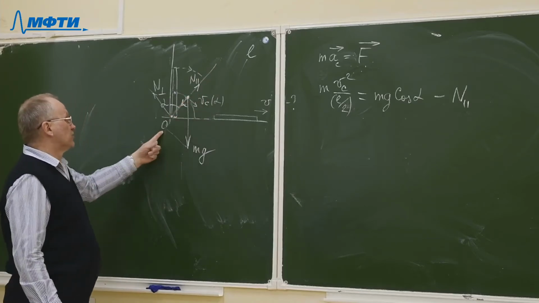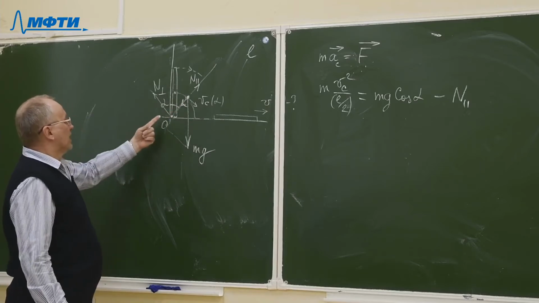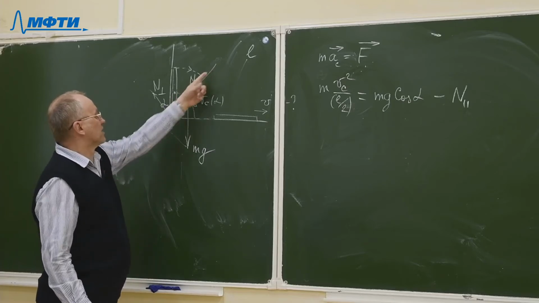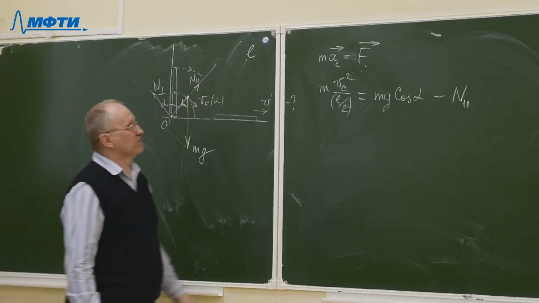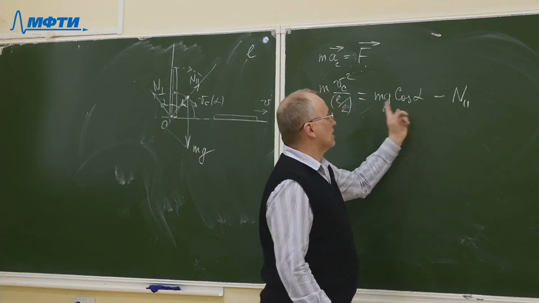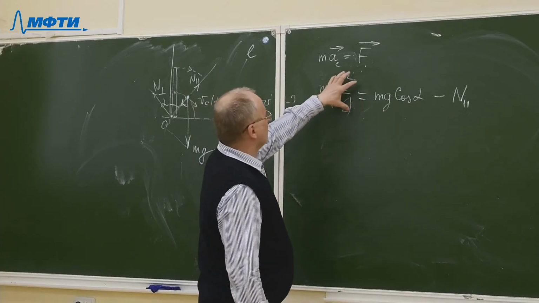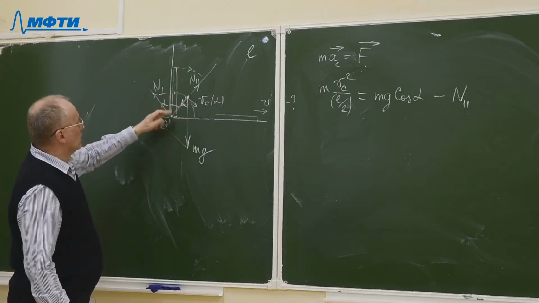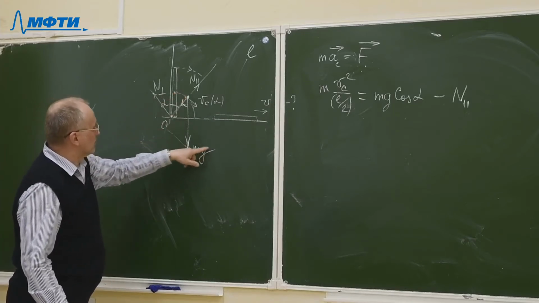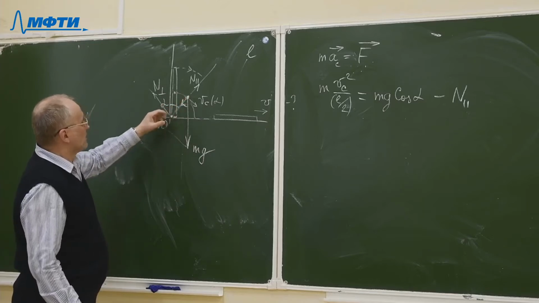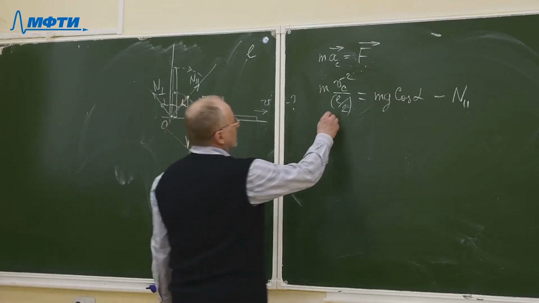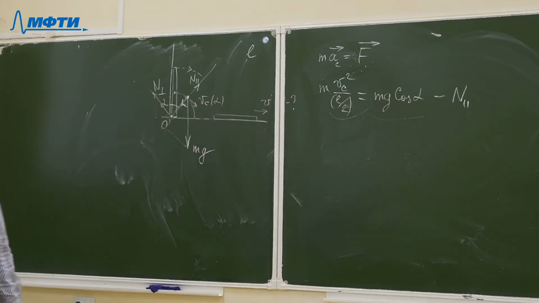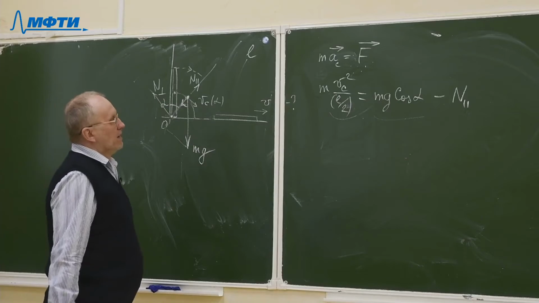Opposite directions. Mg cosine alpha downward, and the force of reaction from this corner along the plate is directed oppositely. And the centripetal acceleration will be directed here to the center O in the same direction as the component of vector mg, so that these two components will have the same sign, positive sign.